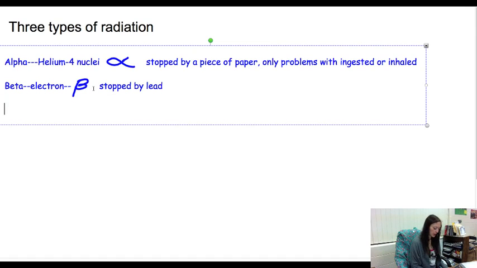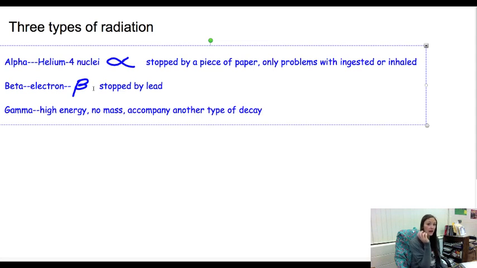The third type of radiation we're going to look at is gamma radiation. These are particles that get emitted that are high energy. They actually have no mass, and they often will accompany another type of decay. Like I said, these are very high energy.